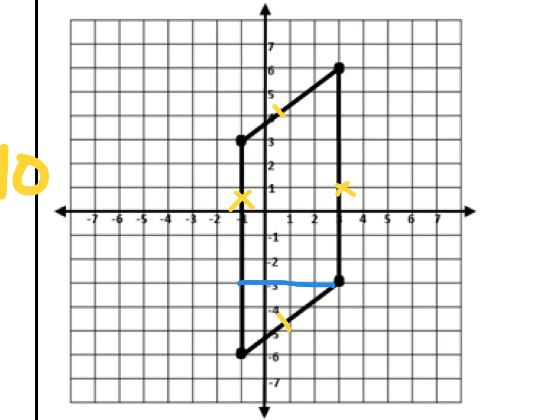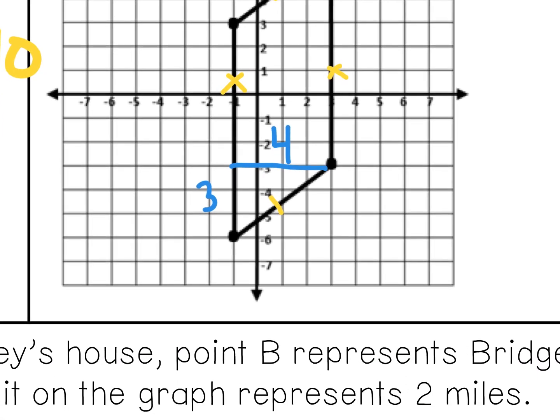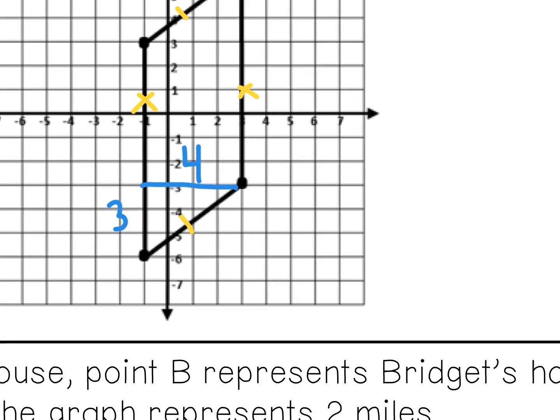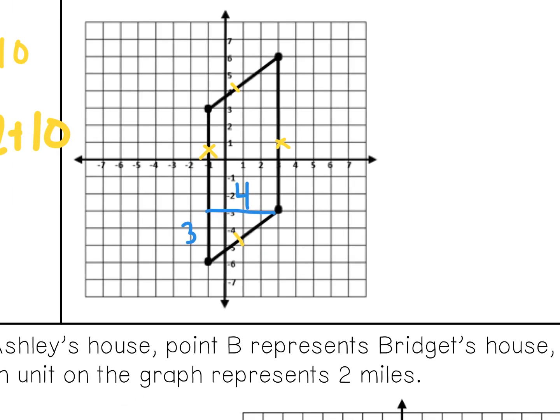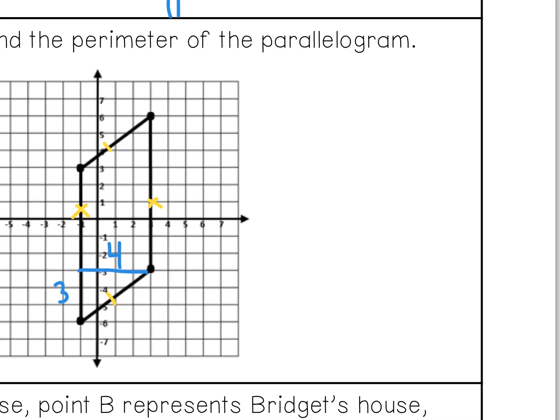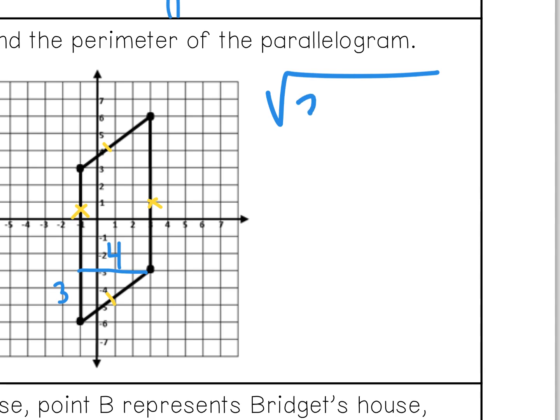Okay? So how wide is that triangle I've just drawn? 4 and 3. Good. So I need to do what with 4 and 3 then? Add the squares together. 3 squared plus 4 squared.